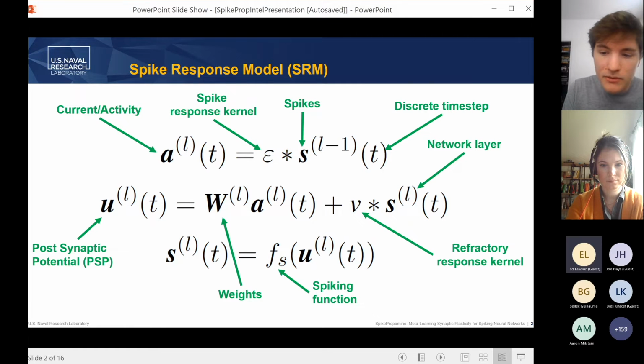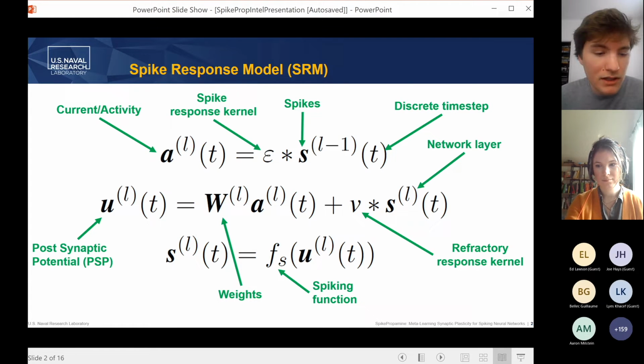So for example, in the first equation, the spike response kernel, the epsilon there, is convolved over the spikes from the previous layer to produce a current, and the current is weighted by the synaptic weights and summed with the somatic refractory response kernel, which is in the second equation there, that V. This postsynaptic potential is used to go through a spiking function, and that produces the spikes.